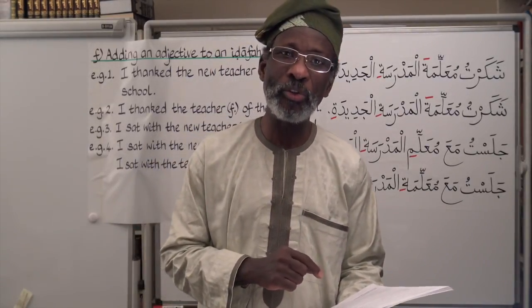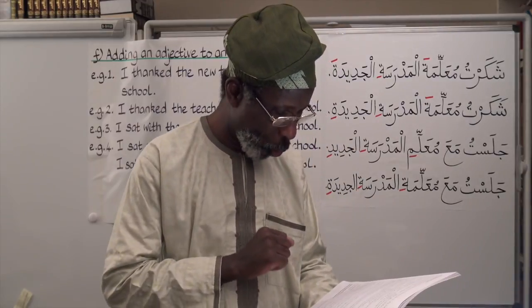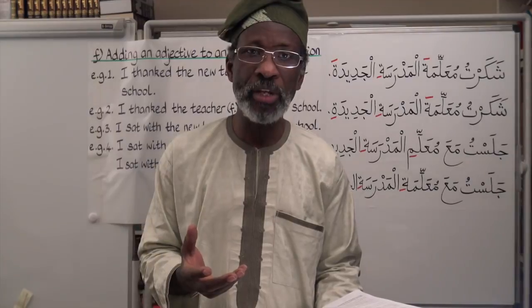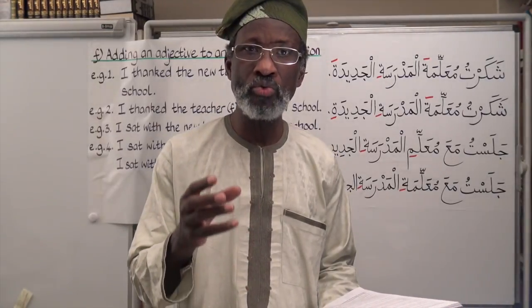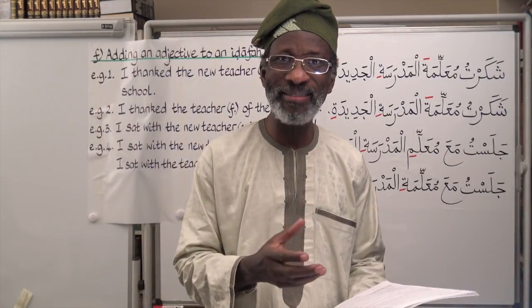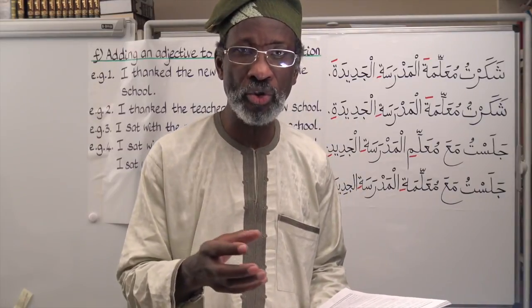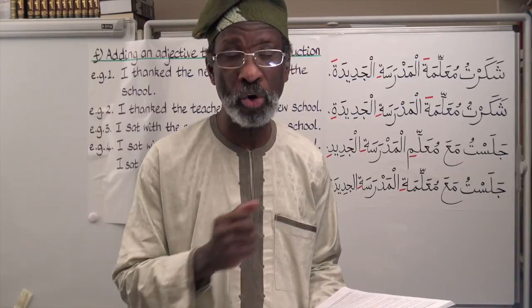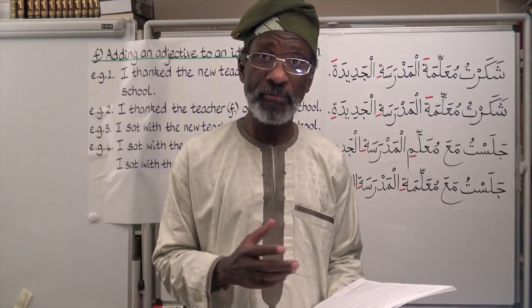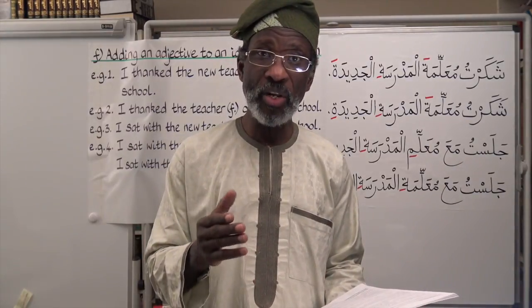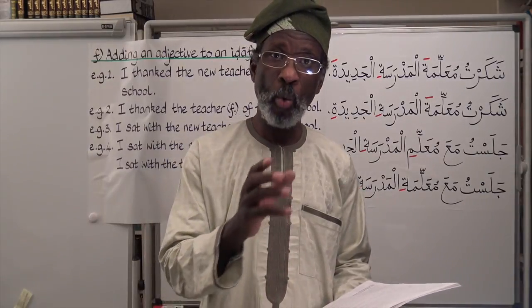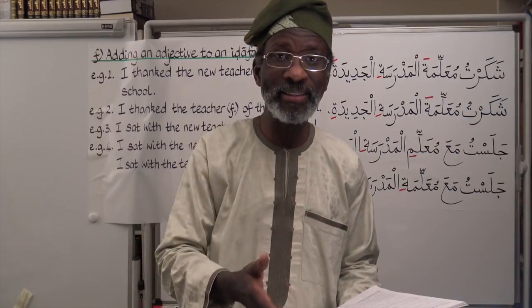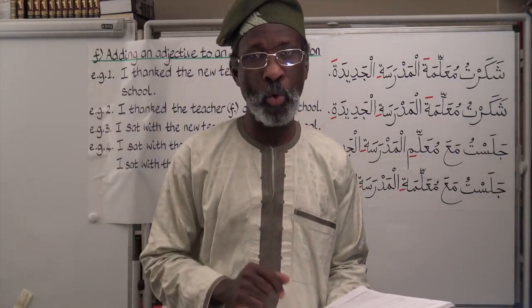Today's lesson is going to be from page 31. Let me remind you of the essential rules governing the Idafah construct, or what is known as possessive construction. Idafah is when you have two nouns, one immediately after the other, and there's nothing separating them.